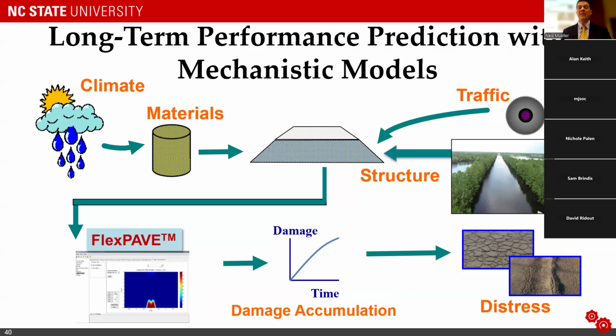And so we bring to bear these FlexPave tools to collect things related to the weather patterns, the materials we use, the structures that are in place, the traffic that is being used. And we feed all of that in addition to the flooding impacts into the pavement performance prediction to identify how distresses may accumulate under the action of flood and identify locations that may be subject or design conditions that may exacerbate or mitigate that effect.